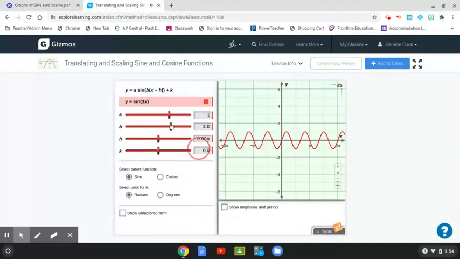Now, let's say if we take b back to 1, which means it's not having any effect on the graph, and so what happens when b is between 0 and 1? Well, now it's just a vertical stretch. Excuse me, a horizontal stretch. But again, notice that the period is changing, okay?